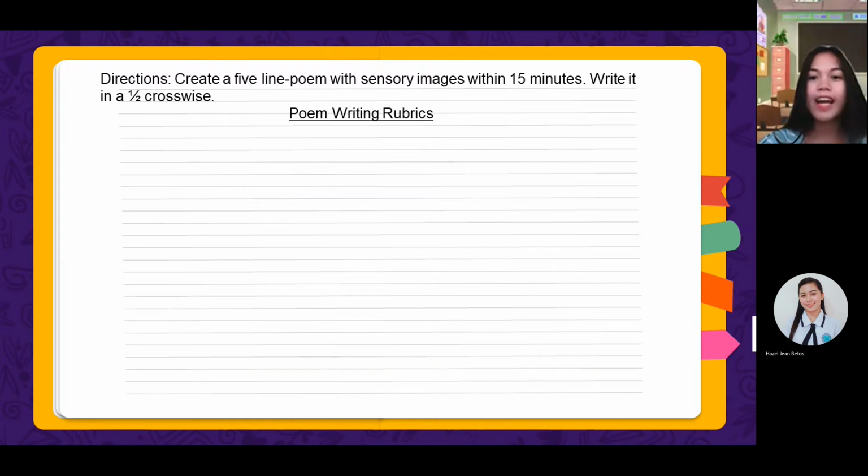Okay, I can now see some of you sending your output. All right, there are already three persons. Very good. So now, class, we have an assignment before we end our class this morning.